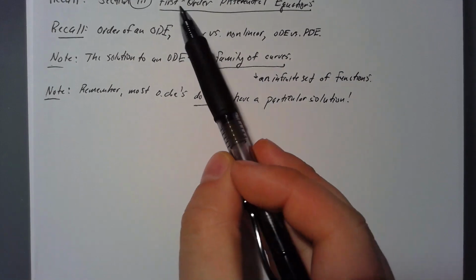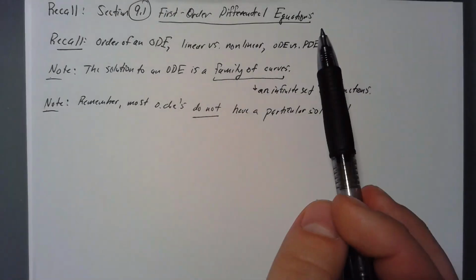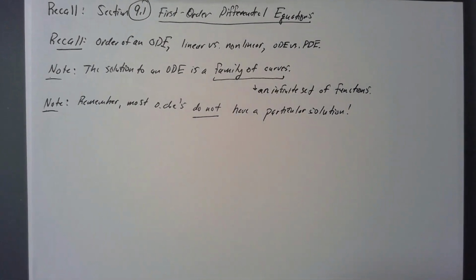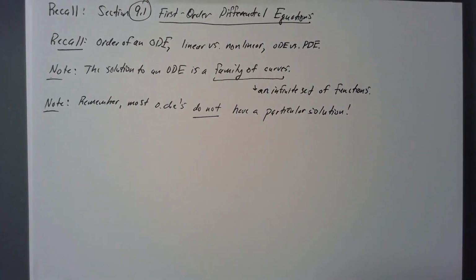First order linear differential equations do have particular solutions, and this is just the tip of the iceberg when it comes to differential equations. I mentioned this in class as well. There's a whole course devoted to differential equations, so you can imagine we're only looking at a particular piece of differential equations in Chapter 9.